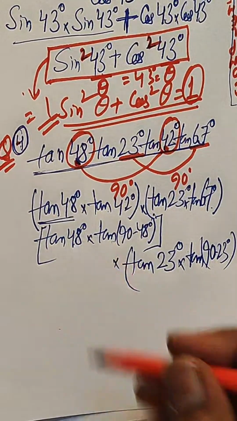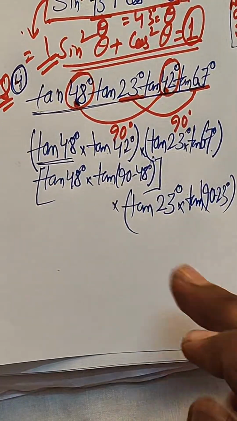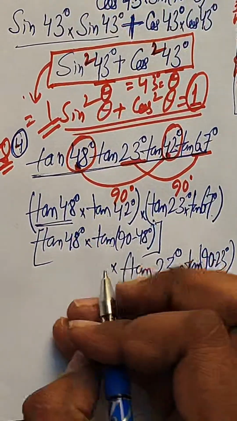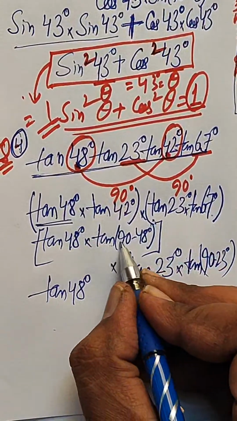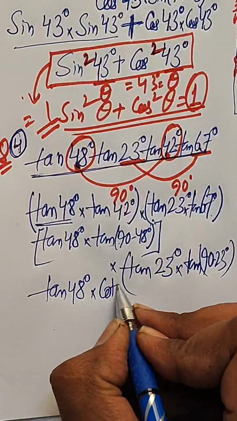So here you can see tan 48 will be as it is. You can leave it as it is. And tan 90 minus theta is cot theta, so it will become cot 48.